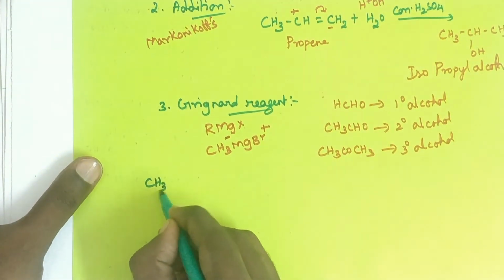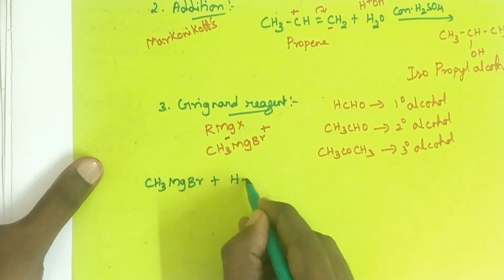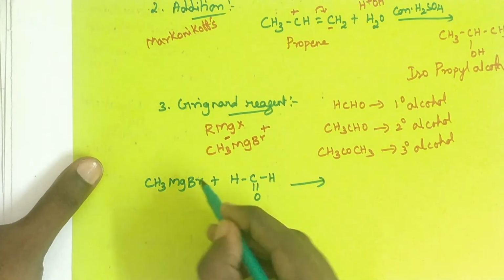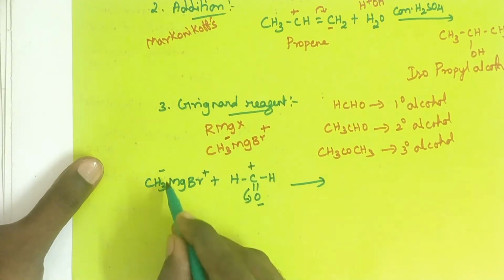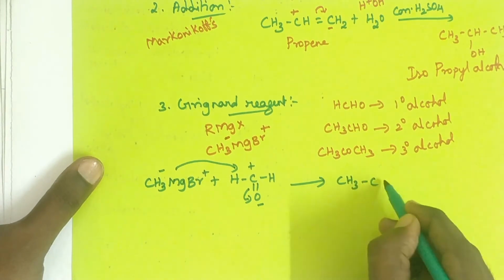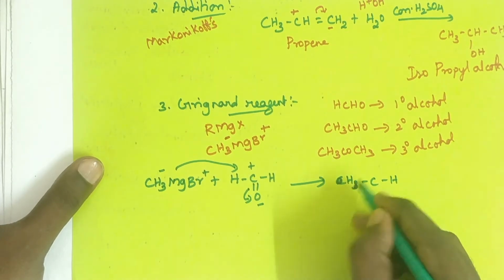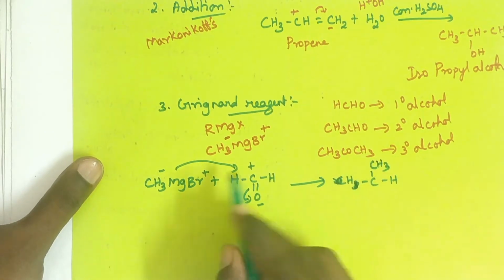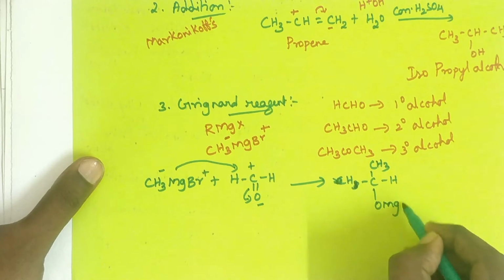Grignard reagent CH3MgBr with formaldehyde, structure HC double bond O. In the first step, on polarization minus and plus, the minus CH3 is added over the plus carbon to form CH3 on H-C-H, and the MgBr is added over oxygen, so OMgBr.